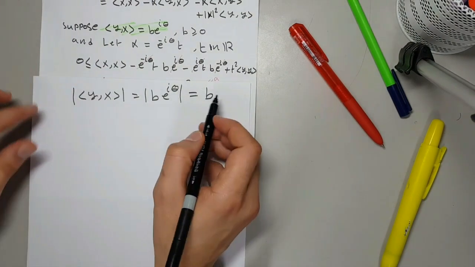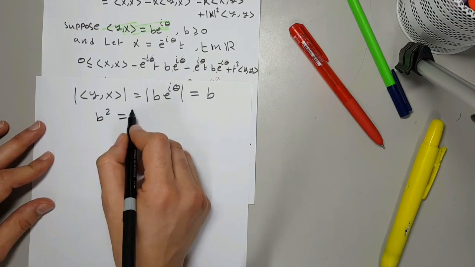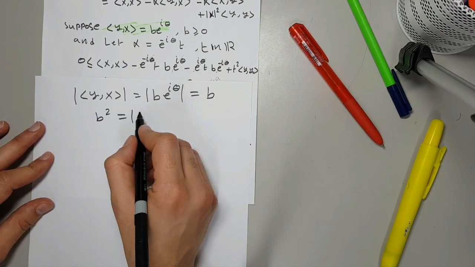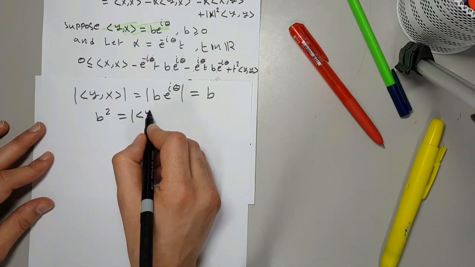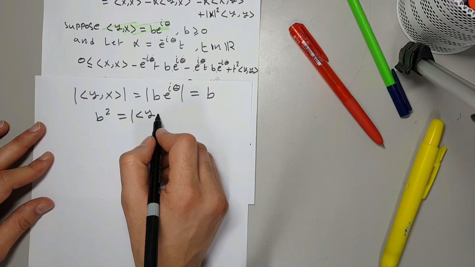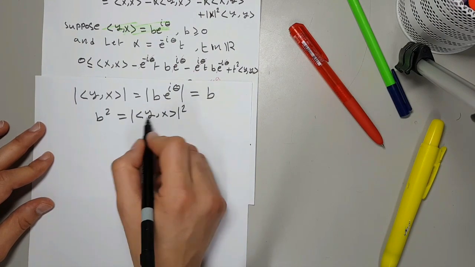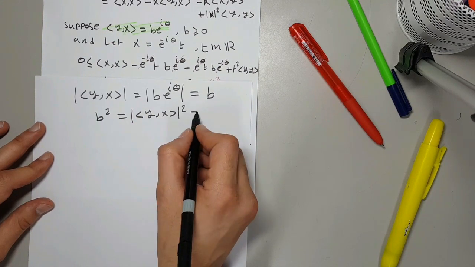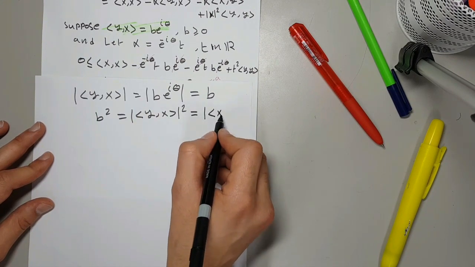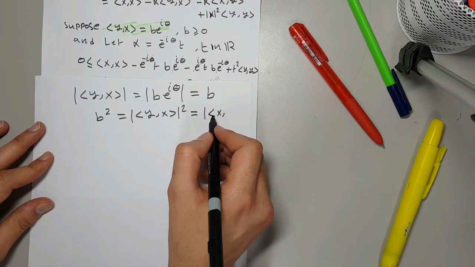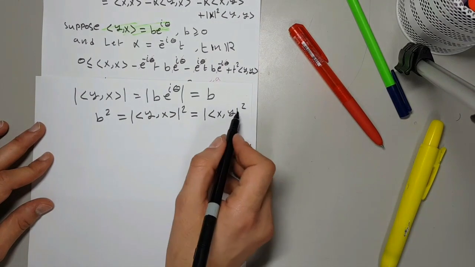So let's take the square of both sides. So b squared is equal to the absolute value of the inner product between y and x, all squared. But this is the same as the absolute value of the inner product between x and y, squared.